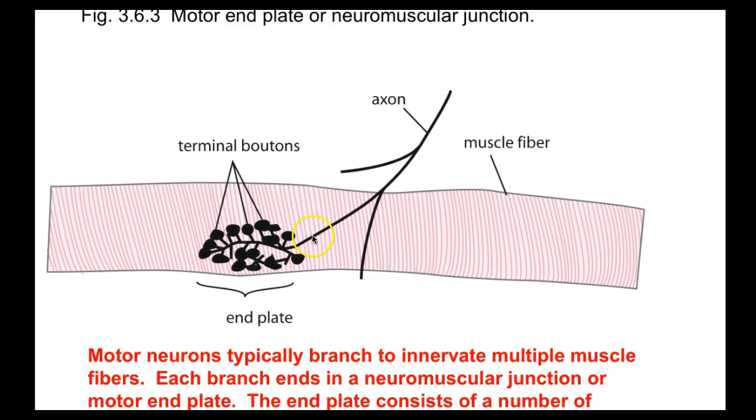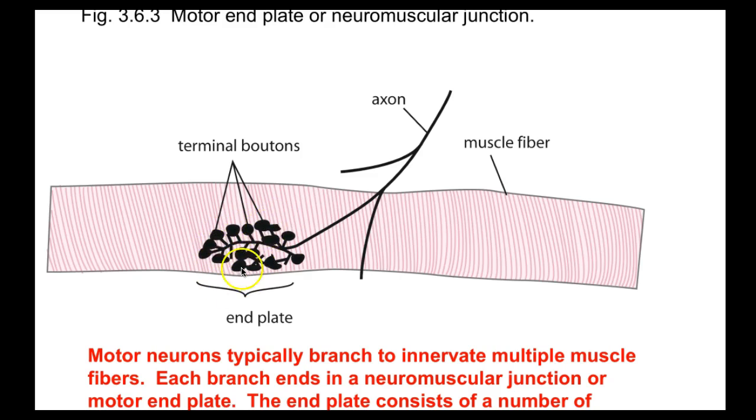Okay, now this is an important part. The neuromuscular junction. What is the neuromuscular junction? The axon of motor neurons is in contact with the muscle fiber through these terminal boutons.